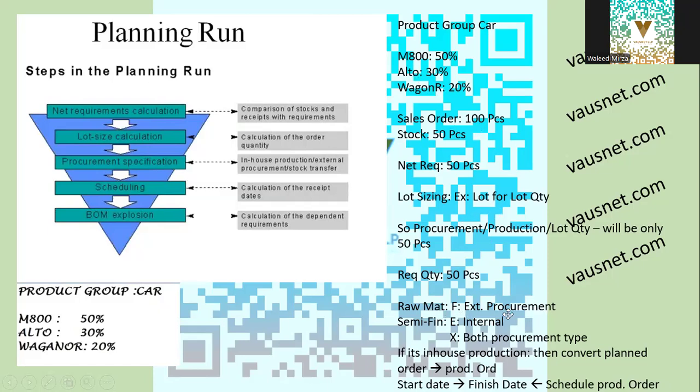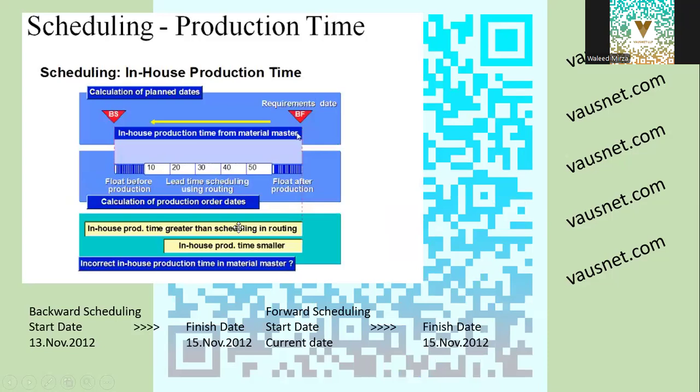So raw material, external procurement, it is procured from external sources. Semi-finished good can be internal and it can be external procurement also. If it's in-house production, then of course the planned order will get converted into production order. Okay. The start and finish date, basically, it's for scheduling the production order.